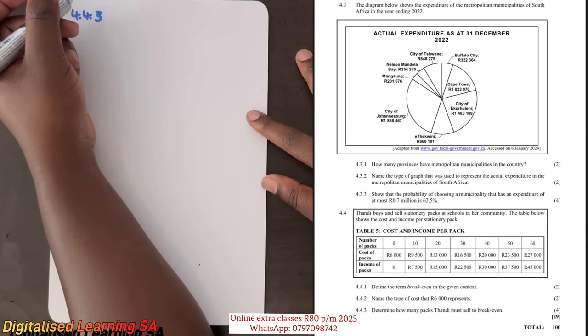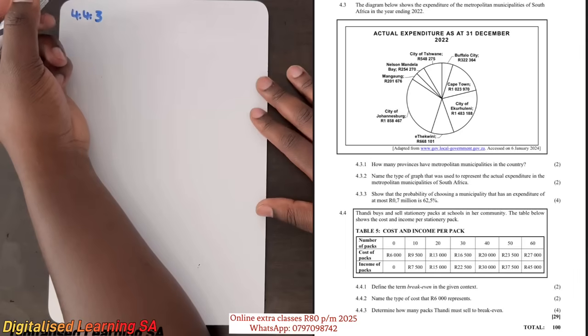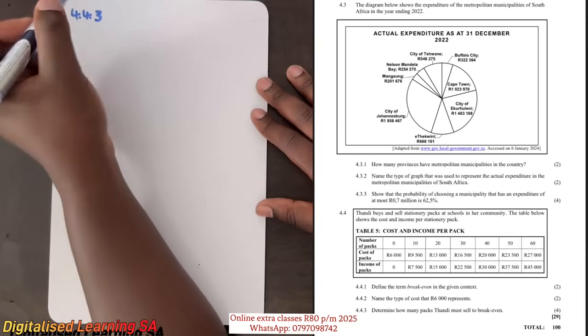If we check 20 packs, we can see that the income is 15,000 and the cost of packs will be 13,000, meaning that Thandi would have made a profit. So the packs Thandi must sell to break even needs to be between 10 and 20. Now let's calculate our break-even point.